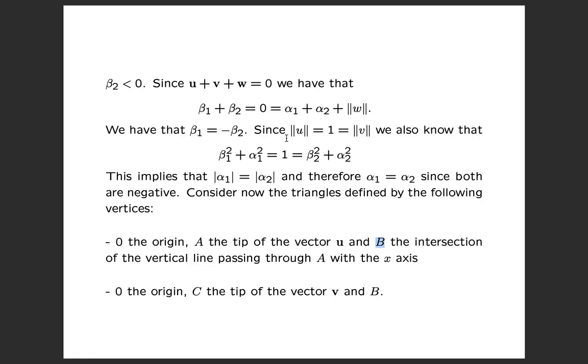Alpha 1 square is equal to 1/2. So this means that alpha 1 is equal to minus 1 divided by square root of 2. Alpha 2 is the same as alpha 1, we know that. So this quantity is equal to minus 1 divided by square root of 2, minus 1 divided by square root of 2. This means simply that the norm of w is equal to square root of 2.